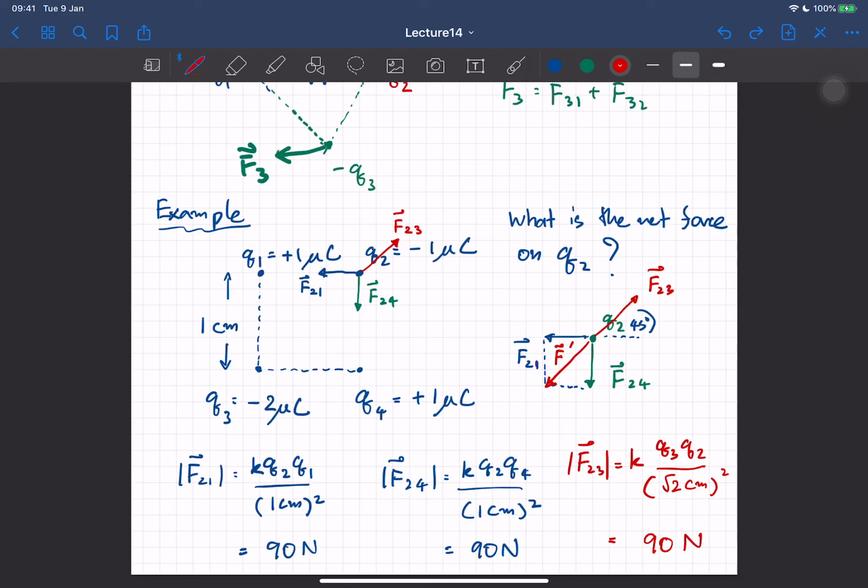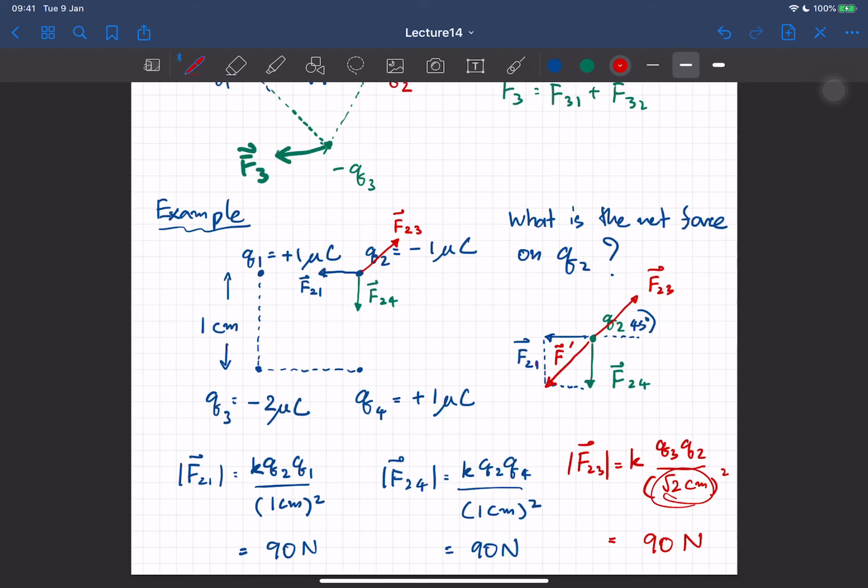Once you have drawn the three forces, the next step is to add them together, like you add vectors. You need to figure out the magnitude of each one, and that's when you use Coulomb's law. Be careful that some of the charges will be further away. For example, Q3 here is not 1 centimeter away from Q2 because it's 1 centimeter times square root of 2.